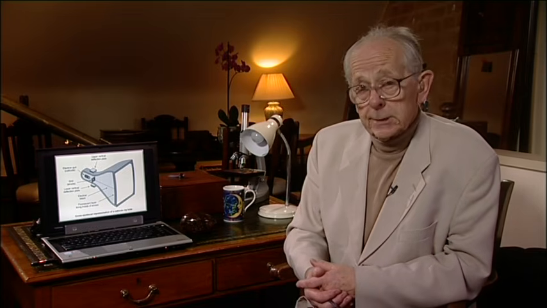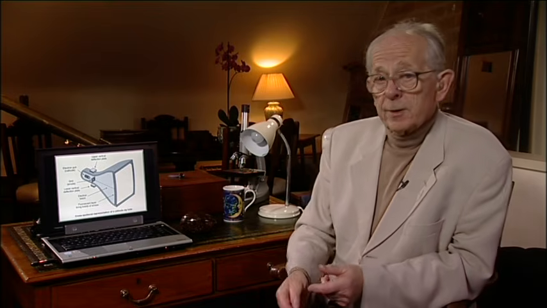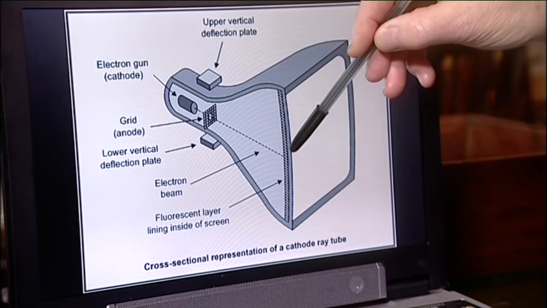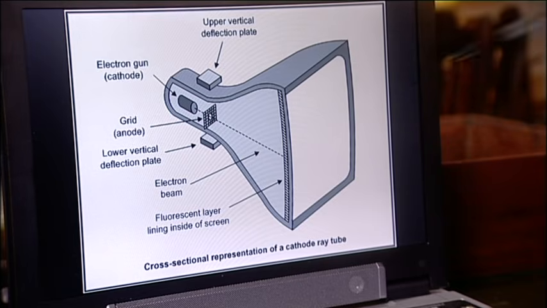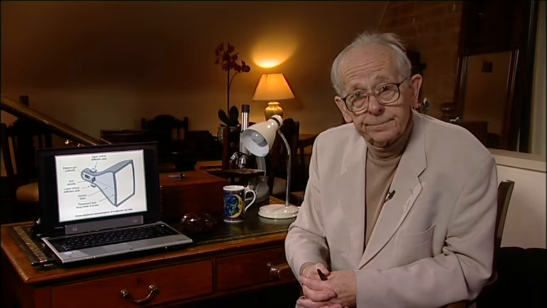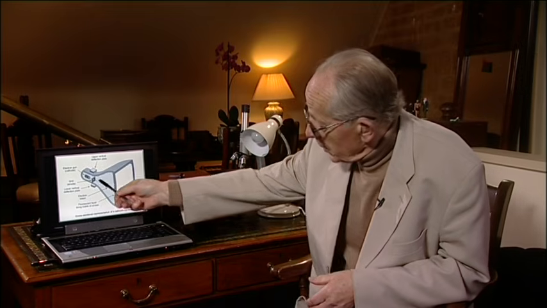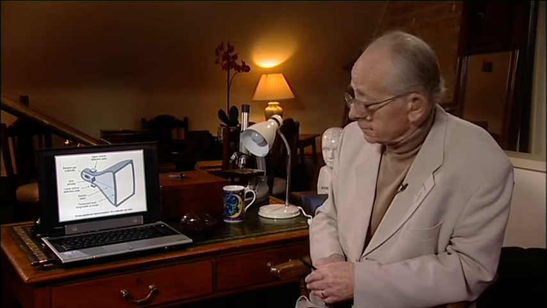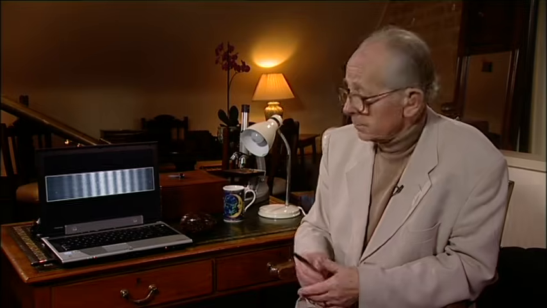The trouble is that while they're traveling from the gun to the screen, they behave like waves. Pass them through two slits in a barrier, and we get this on the screen.